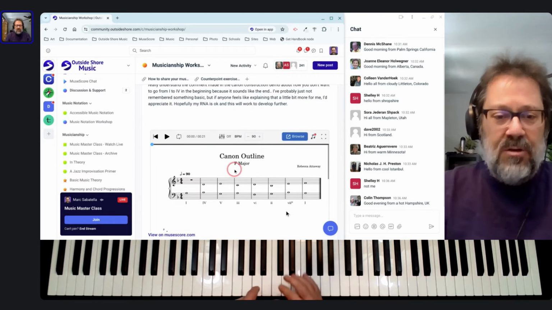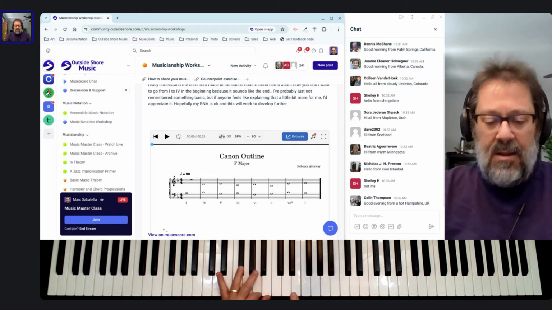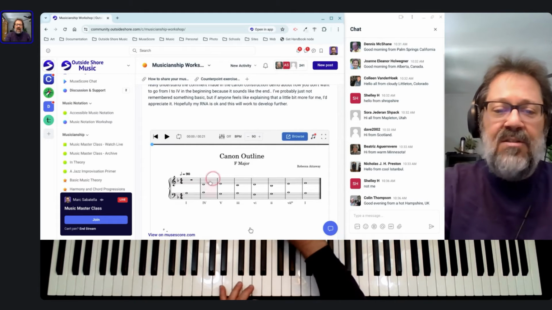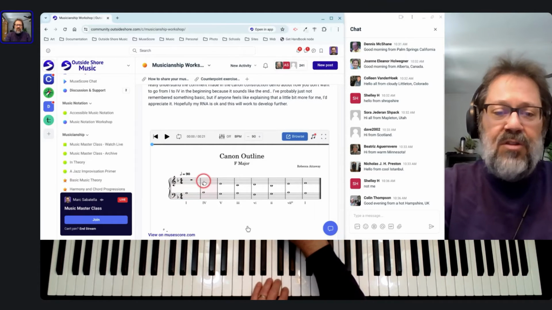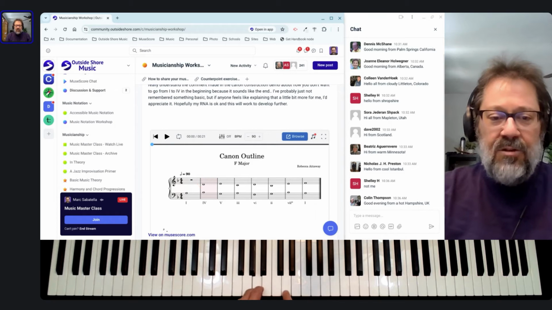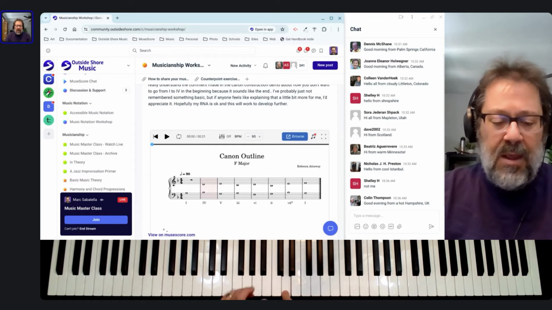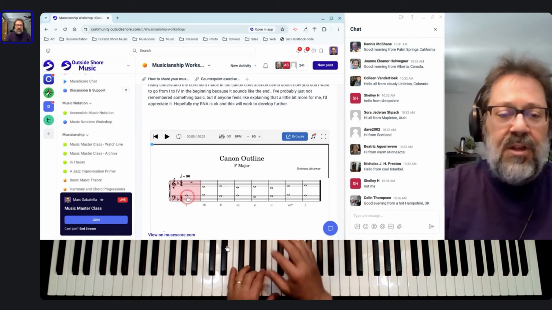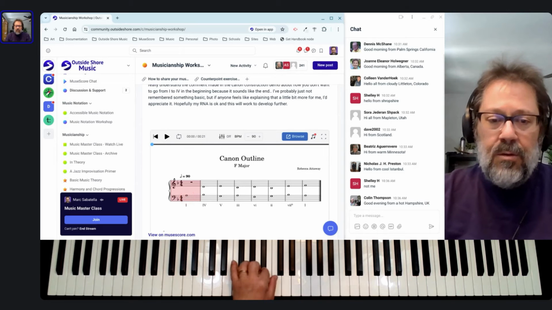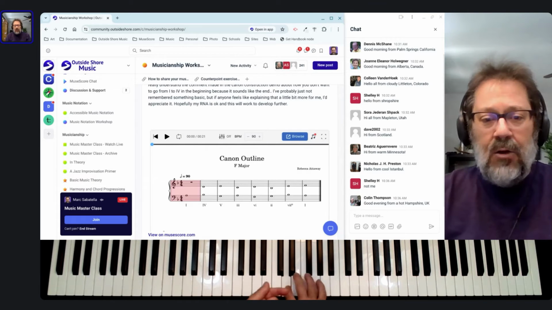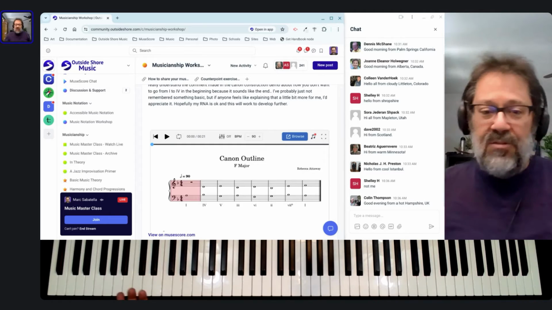Yes, F major. And then the imitation she has is at the fourth. So her second voice is coming in, the top voice, a fourth above. And then the leader goes up a step, so her follower goes up a step as well.